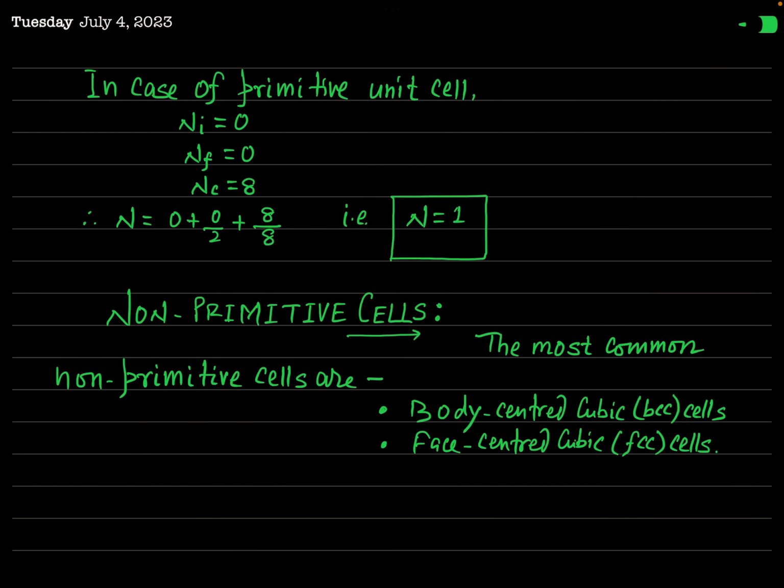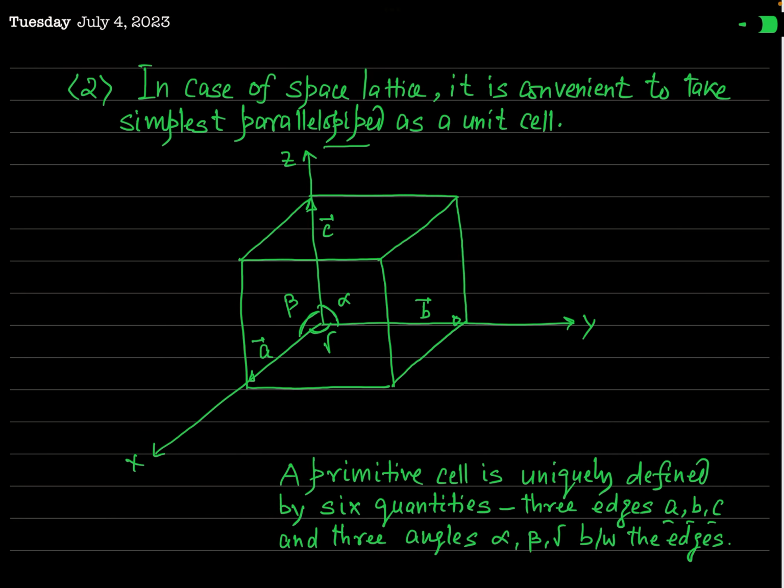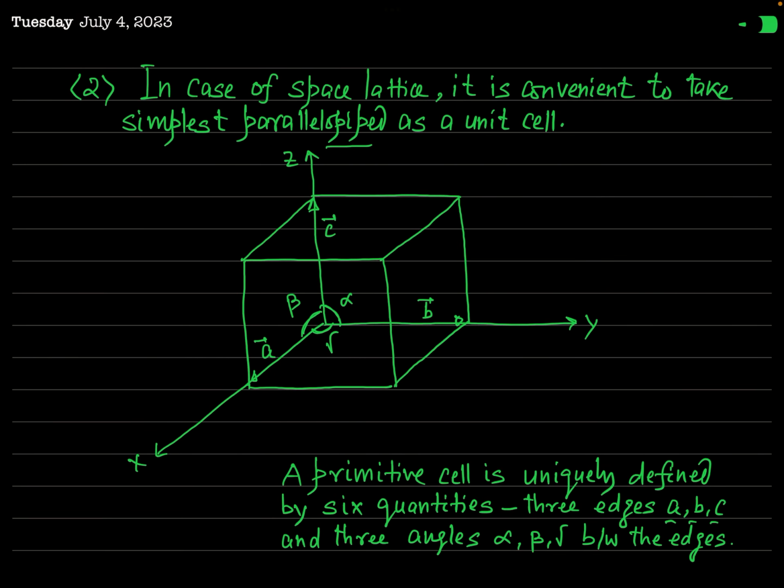So for example, first of all, let us consider the primitive unit cell. In a primitive unit cell, the lattice points will be only at the corners, no other places elsewhere. In this parallelepiped, you can see there are 8 corners, so there will be 8 lattice points at the corners of this unit cell.